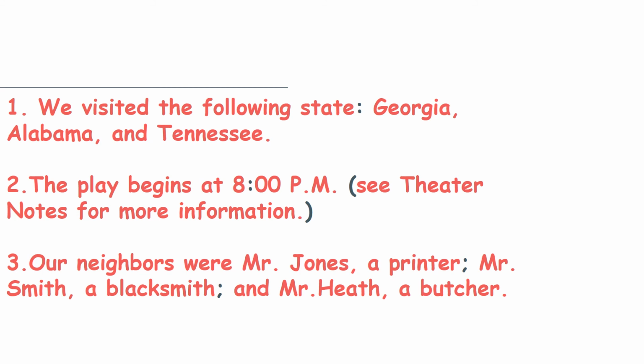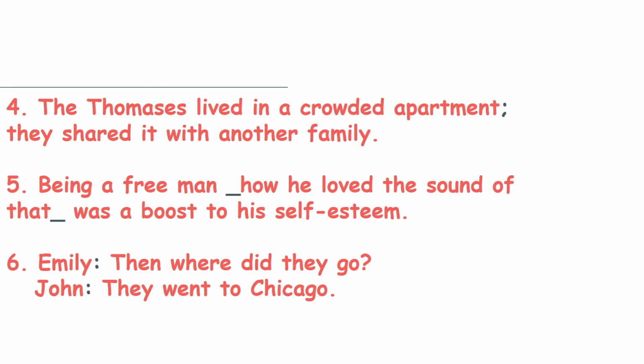After that, before mentioning the next name, we need to put the semicolon. Number 4, the Thomases lived in a crowded apartment; they shared it with another family. So here, I wanted to separate the compound sentence.